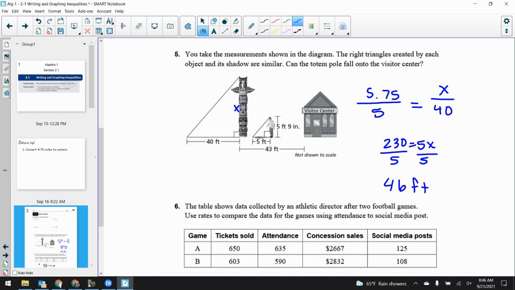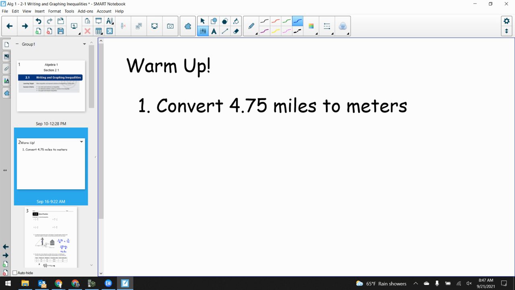Okay, let's go through the warm-up real quick. This 4.75 miles to meters. Now, remember that when I take miles to meters, you start by writing out what you have. And now, I change miles to meters by chaining it together with something that's going to get me to meters. Because, guys, is there a miles to meters conversion on our sheet?